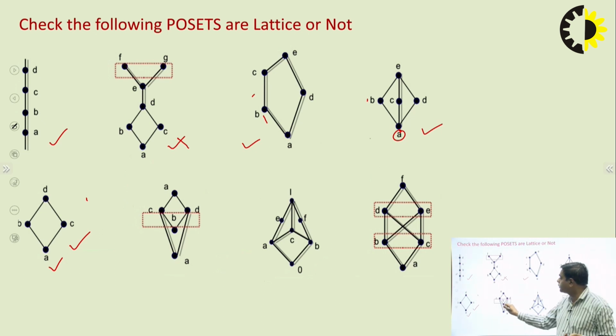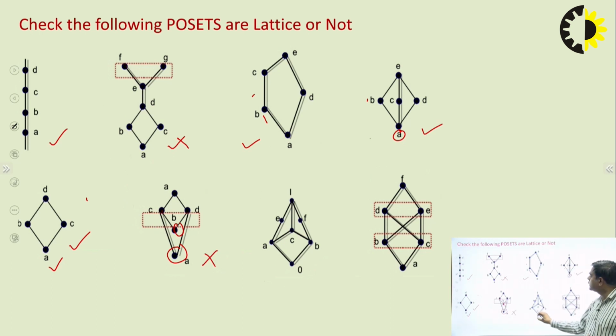In such a case, for C and D, you can easily see this is a meeting point when we are going downward, and A is another element when we are going downward. We are getting two meeting points. Two meeting points or two joining points should not exist in a lattice. So this structure will not be a lattice.